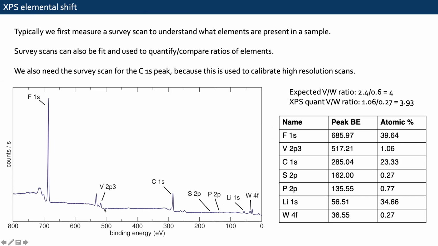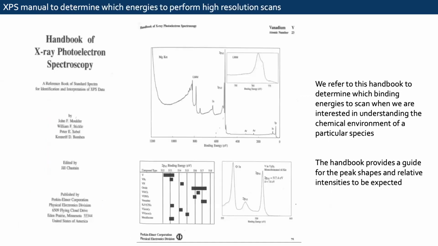So instead, we would really focus on this region right here to get much more accurate information about the exact shape of the peaks so that we can fit them better to understand the chemical bonding. And so you can just look here to see, okay, what binding energy region should I focus on?